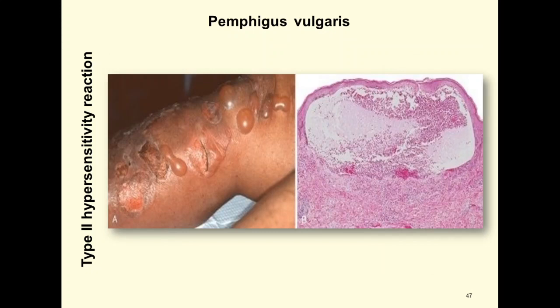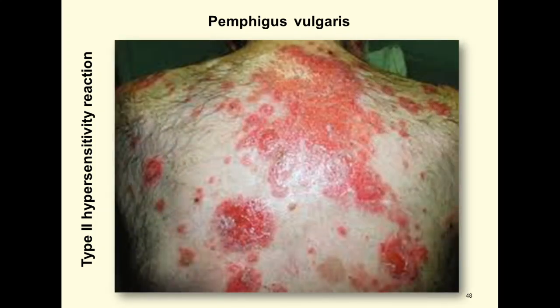So, Pemphigus vulgaris, gross appearance, you see pustules. Microscopically we have exudate, inflammatory fluid. Again, gross appearance, even with ulceration. After this pustule ruptures, we have an ulcer. We have an ulcer here.